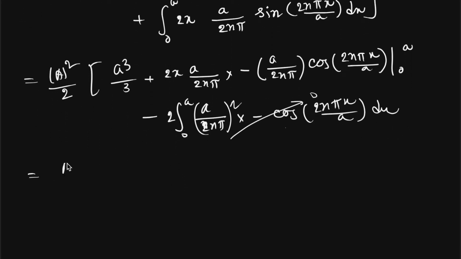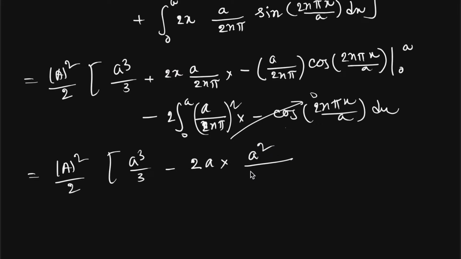and that means it will be a² by 2 times a³ by 3 minus, at 0 it is actually 0, x equal to 0, but at a it is not 0, which is 2a into a² by 4n²π², and this value is cos 2nπ, meaning 1.